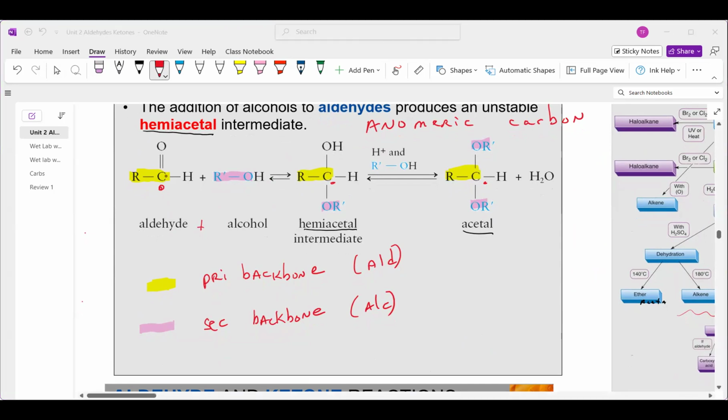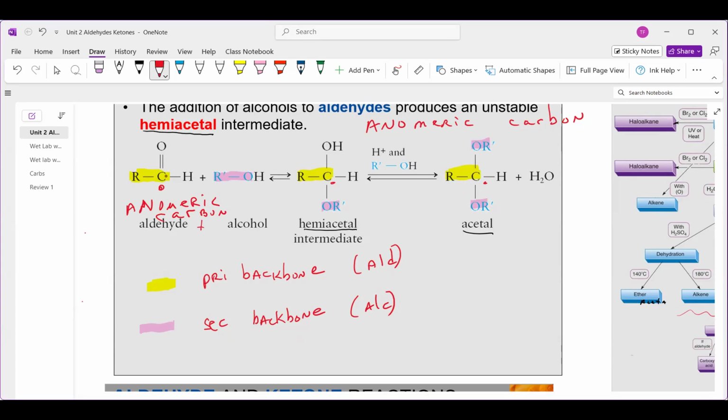It's called an anomeric carbon. We're going to see these with sugars also. We're going to see it also with ketones. Anomeric carbon, that's where the carbonyl group, C double bonded O, attaches to that carbon.